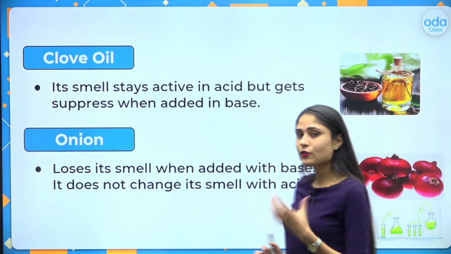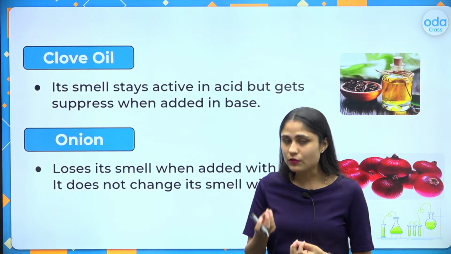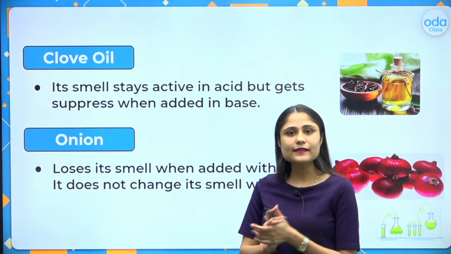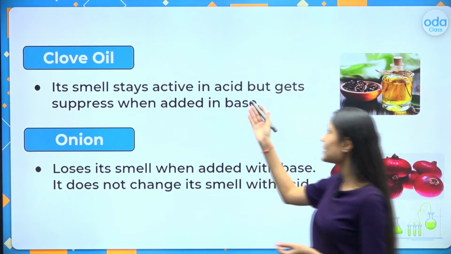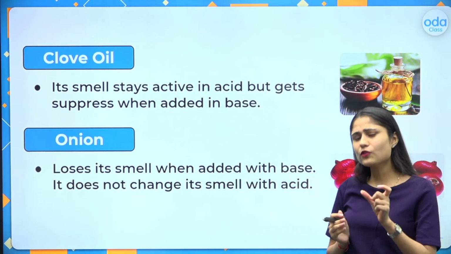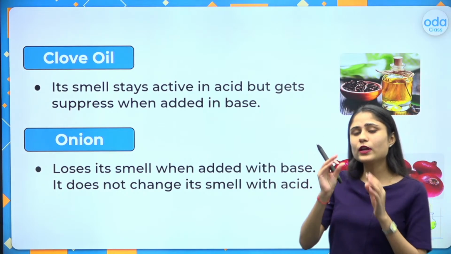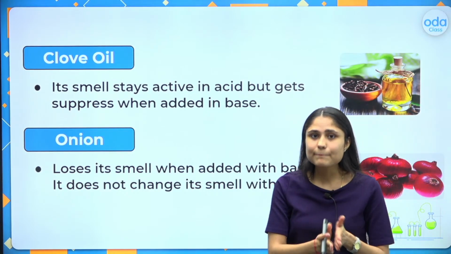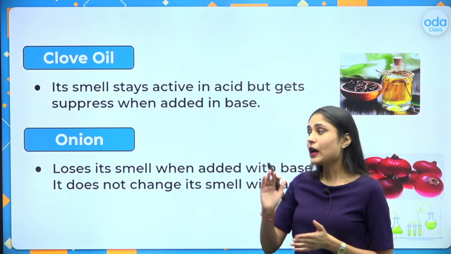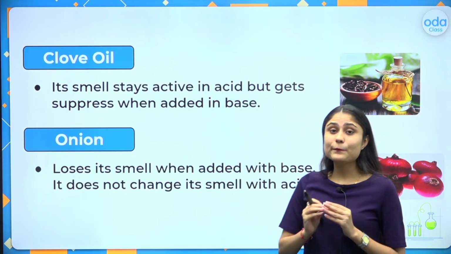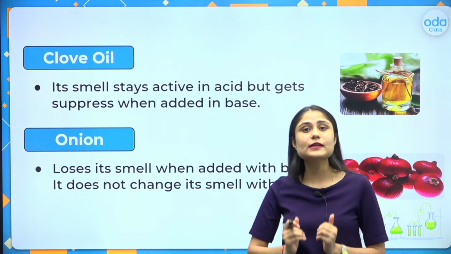Clove oil is extracted from cloves, which are a type of spice, as I've already mentioned. Its smell stays active in acids. Whenever we add clove oil to some acidic compound, the smell will remain the same. The smell will be active. However, when we add it to a base, the smell will be suppressed.